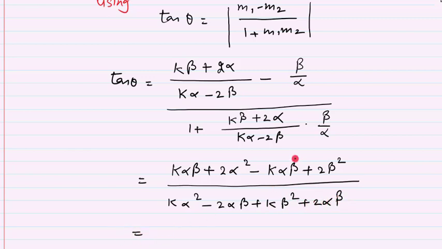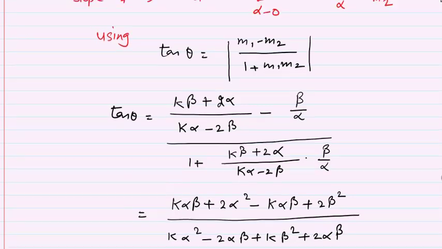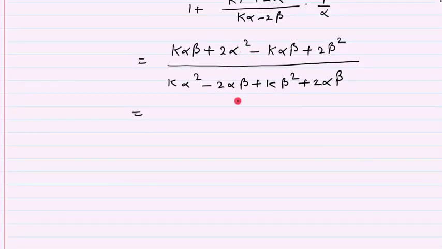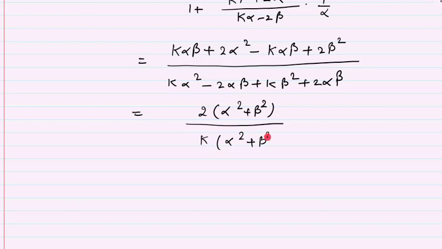Further, K alpha beta gets cancelled and 2 alpha beta gets cancelled because of opposite signs. So we are left with 2 common, alpha square plus beta square in the numerator, and taking K common, alpha square plus beta square in the denominator.